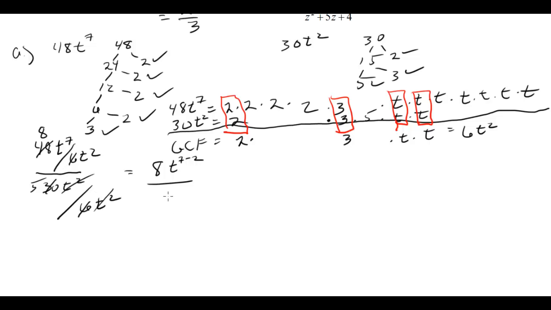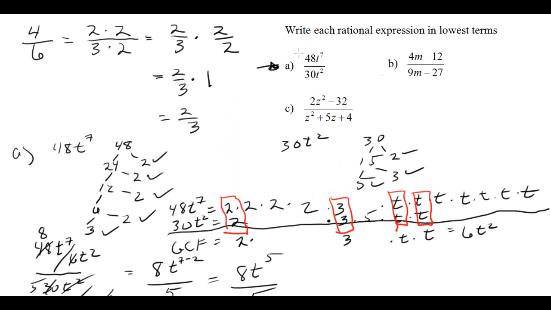So I get just 5. So this is going to equal 8 t to the 7 minus 2, which is t to the 5, over 5. And that is the simplest form of this, which is an equivalent fraction.